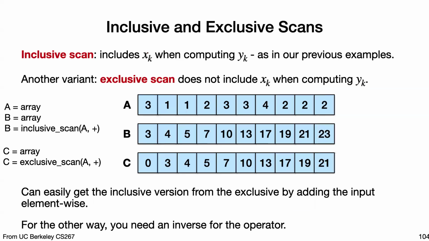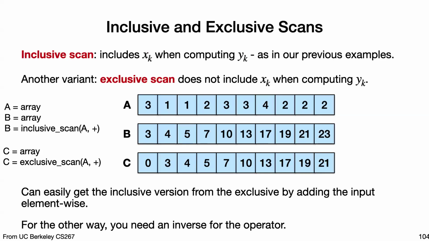There's two variants of scans. One is inclusive and one is exclusive. The algorithm to compute them is pretty much the same, but in some problems you want the inclusive version, and in some problems you want the exclusive version. If it's inclusive, then you include x sub k when you compute y sub k.